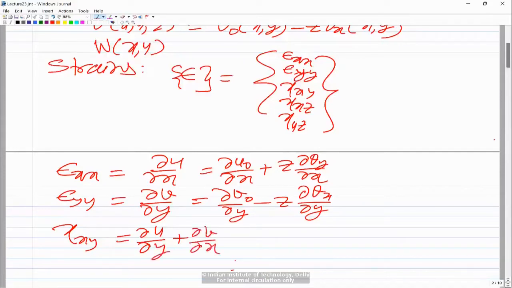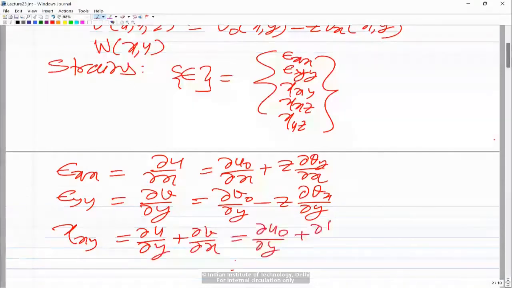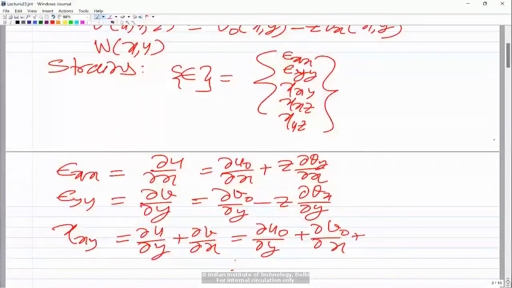Using the formulas for u and v, we get del u naught by del y plus del v naught by del x, plus z times del theta y by del y minus del theta x by del x.